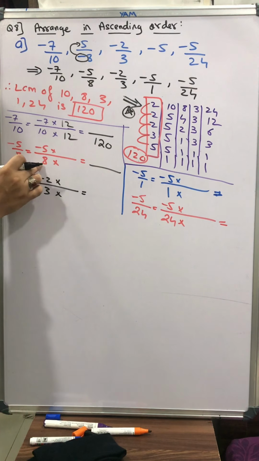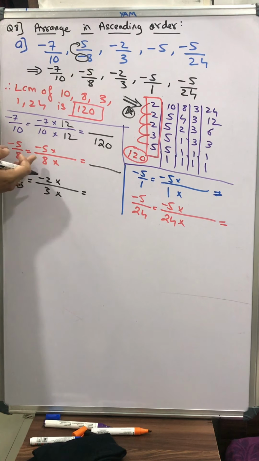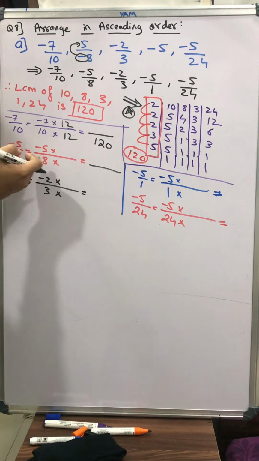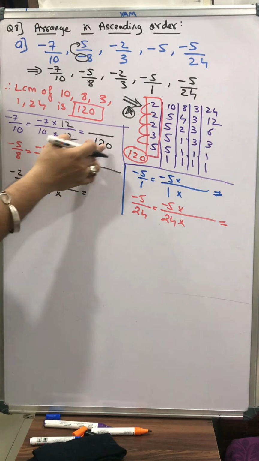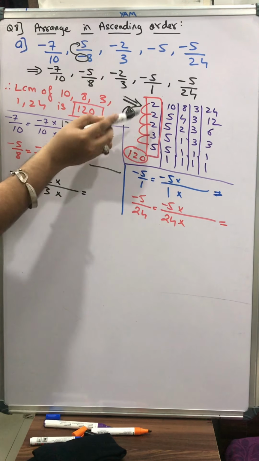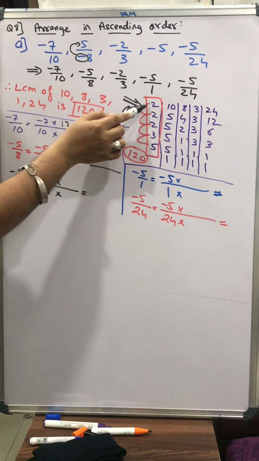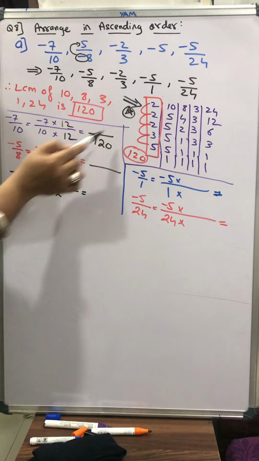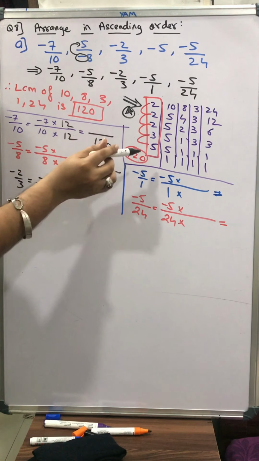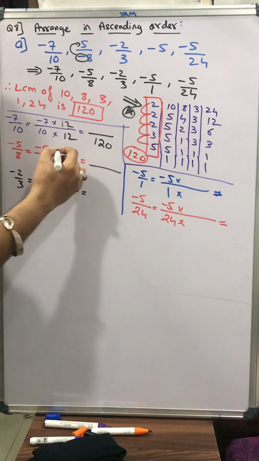Okay. Now here I have 8. No need to think about what I will multiply with 8 to get 120. Just see here. 2 2s are 4, 4 2s are 8. Considering these three 2s, I get 8 here. What are the remaining numbers? 3 and 5. 3 5s are 15.